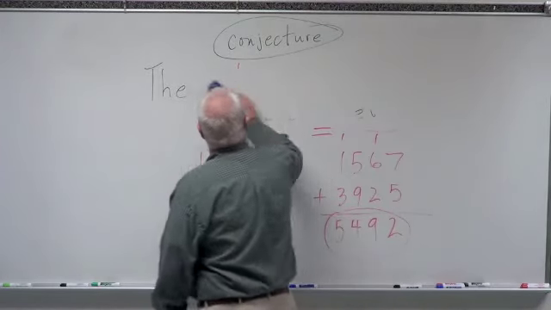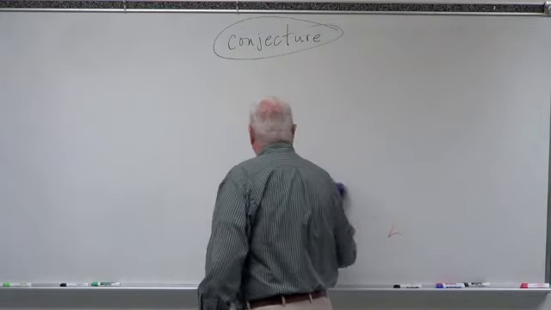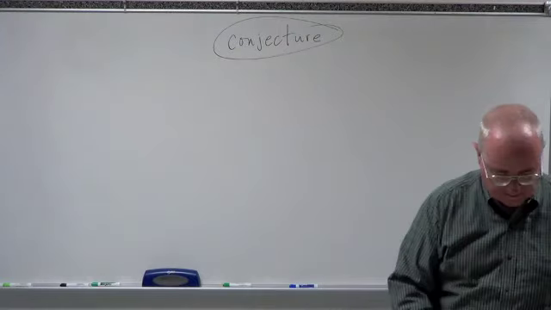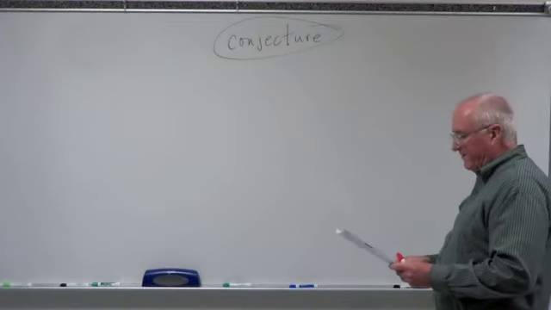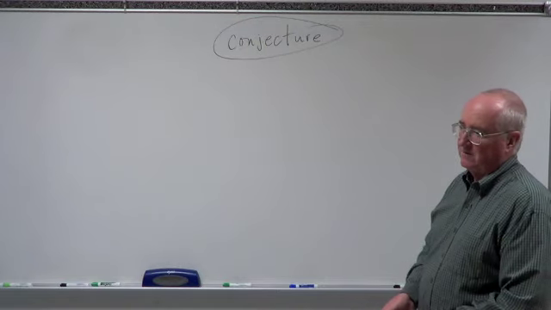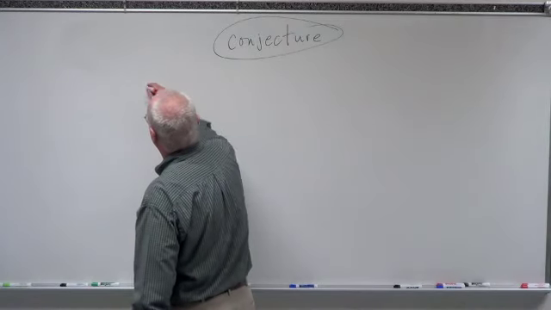Let's try another one. See if we can see one that's false. Come up with a counterexample. All right? The product of an odd integer and an even integer is odd. Okay? Let's write it down.